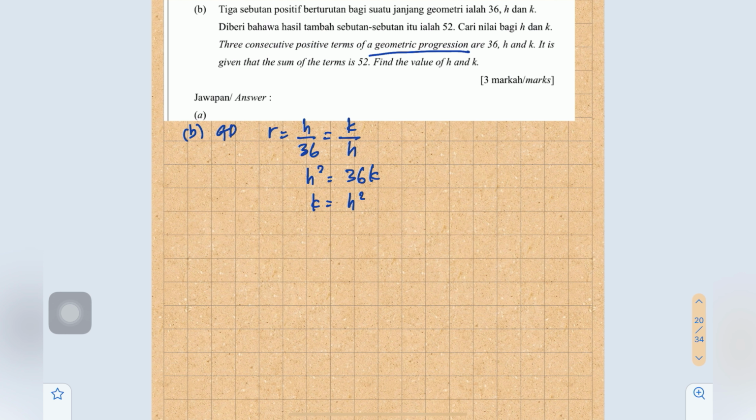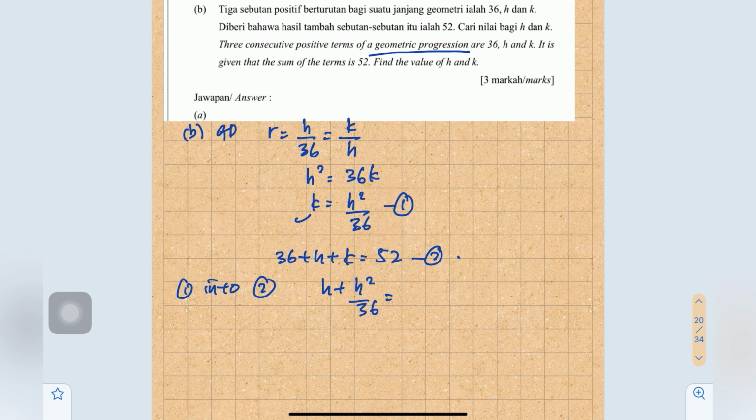So we have K from before here. We can substitute it into equation 2. So 1 into 2. We get H plus H squared over 36 equals 52 minus 36 equals 16.